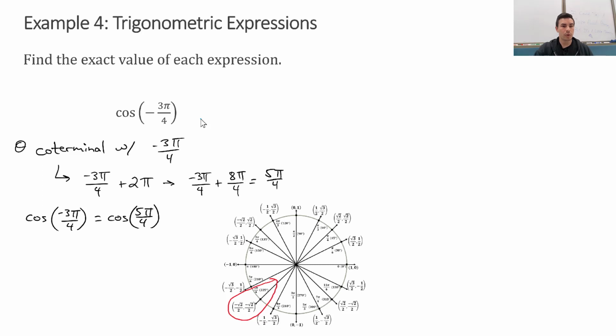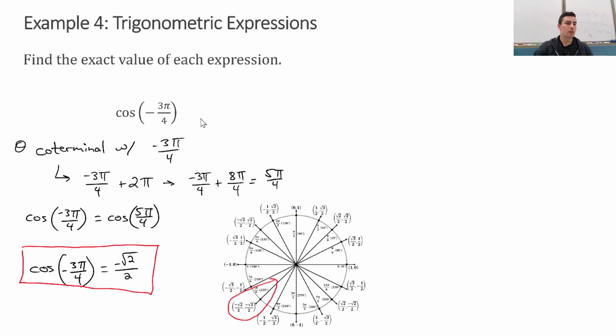And we have coordinates of negative root 2 over 2 and negative root 2 over 2. Okay, so I know that the x coordinate is what we're looking for with cosine, but they are the same for both x and y. So cosine of negative 3 pi over 4 is going to be negative root 2 over 2.